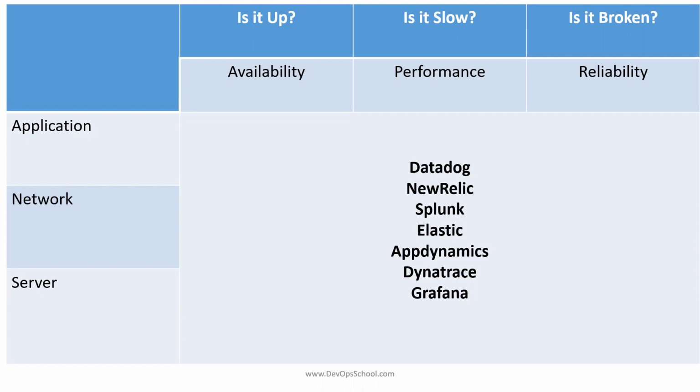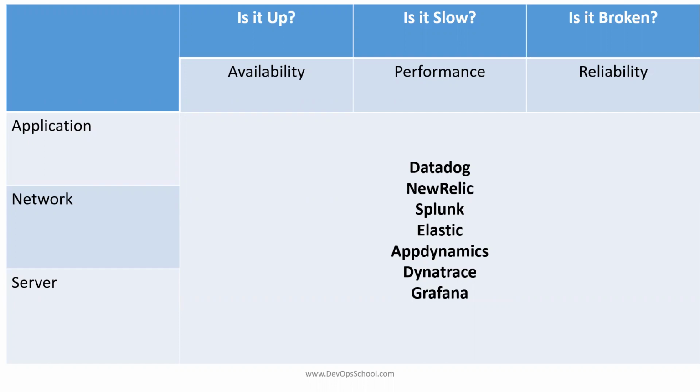That's called reliability, or network availability, network performance, network reliability, or server availability, performance, and reliability. So there are software solutions for this. We have multiple solutions in the market, which include Datadog, New Relic, Splunk, Elastic, AppDynamics, Dynatrace, and Grafana. These are the popular solutions, and apart from that, many others are available in the market. Our focus is on Datadog.